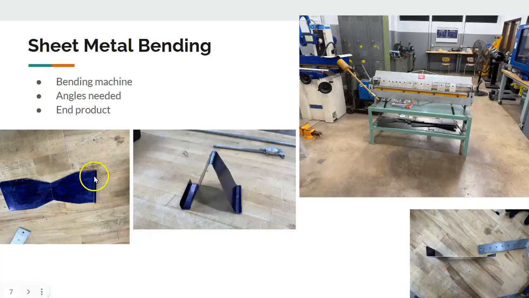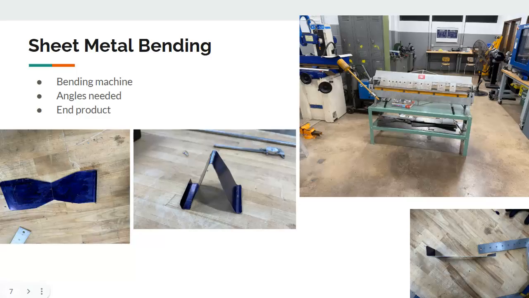Here you see the first bend, which was at 90 degrees, and then here you see the second bend at 90 degrees also, and here you see the third bend at 90 degrees also, and here you see the 120 degrees, which we turned over. Make sure this part is facing us and bent it to 120 degrees.